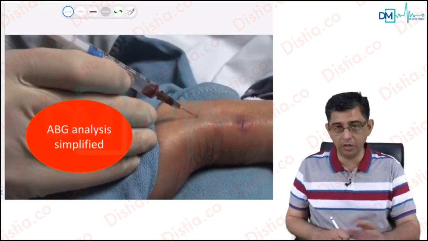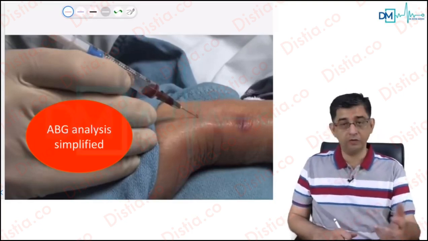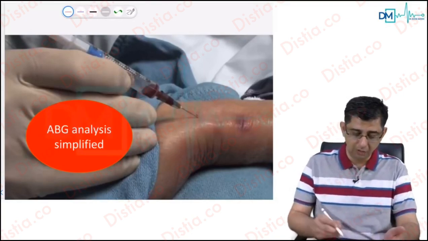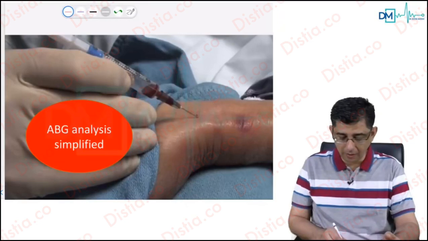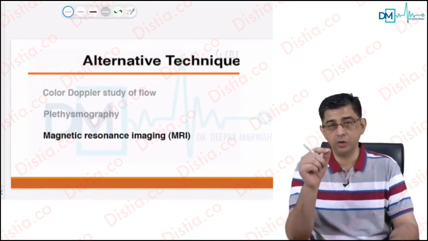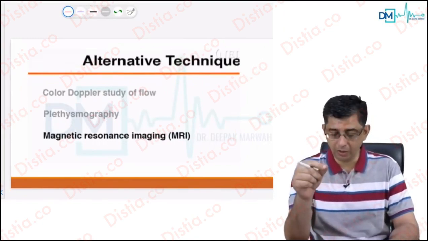Don't take it from the femoral artery as a lot of us do, and don't take it from the dorsalis pedis artery. It's the radial artery which is to be used in the patient for performing the ABG. Ideally, Allen's test has not been documented to be 100% accurate to demonstrate the integrity of the palmar arch.